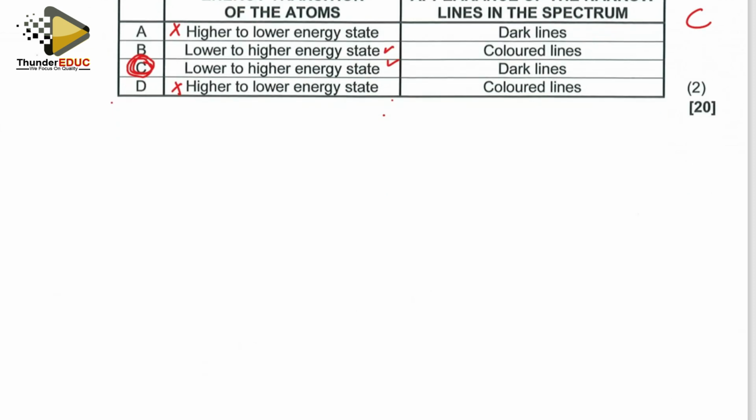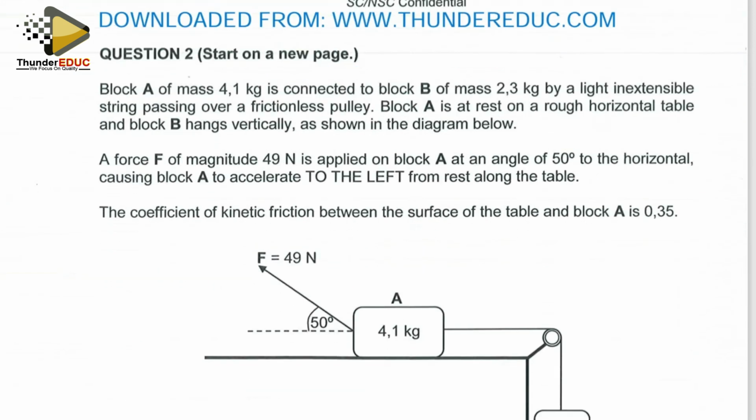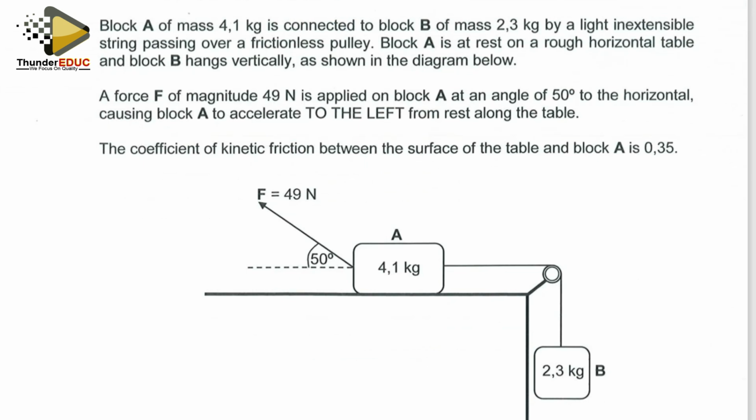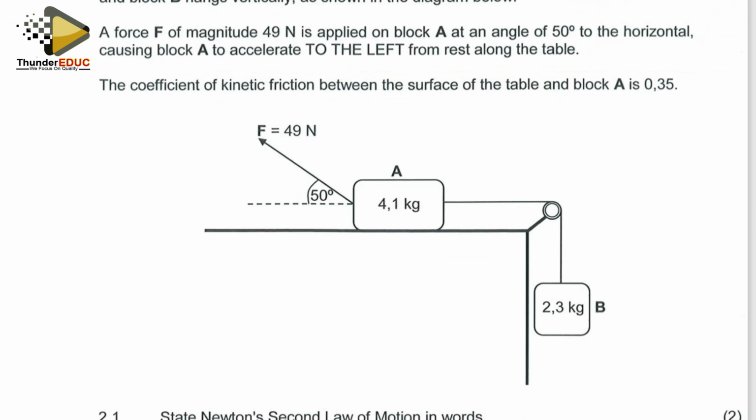All right, so we move on to question number 2. Okay, so question number 2, they're telling us that block A of mass 4.1 is connected to block B of mass 0.3 kilogram by an inextensible string passing over a frictionless pulley. Block A is at rest on a rough horizontal table and block B hangs vertically as shown in the diagram. So we have a frictional force. Okay, so force is 49 newtons, and then it is applied to block A at an angle of 50 degrees to the horizontal.